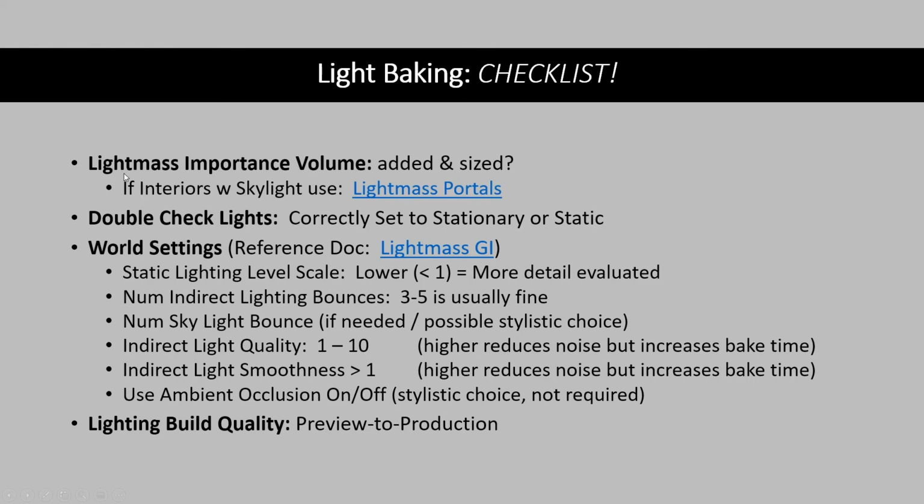We double checked our lights to make sure they were correctly set for light baking. And then finally, we went over some of the world settings that are inside the light mass global illumination document. And we talked about some of the cost and benefit for adjusting some of these settings for different scenes. And finally, we finished by using a production level quality build, and we didn't have any issues.